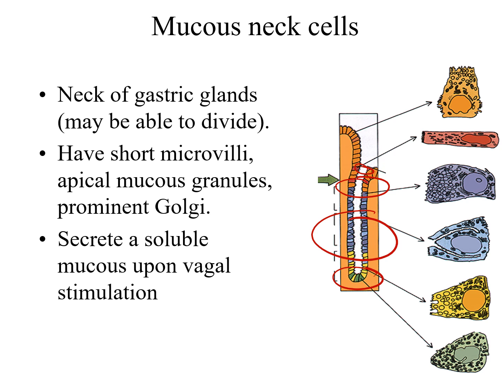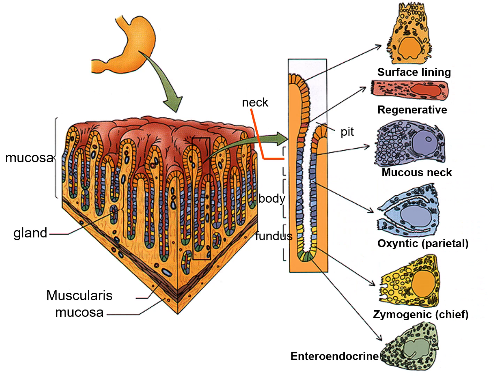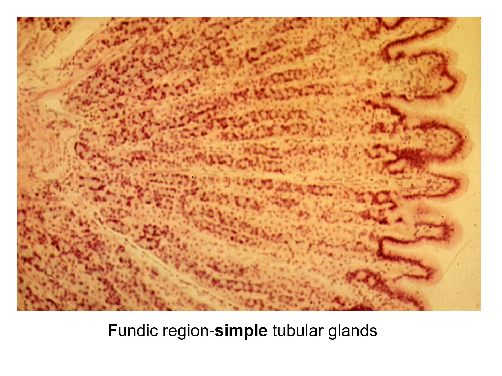And each one of these cells has a certain function. So we can see here, this is the surface epithelium, which is the mucus producing cells, and you can see here the mucinogen, and then we have the gland, we have the regenerative cells, the mucous neck cells, the oxyntic or parietal cells, the zymogenic cells or the chief cells, and finally the cells found at the bottom of the gastric gland, which are the enteroendocrine cells.